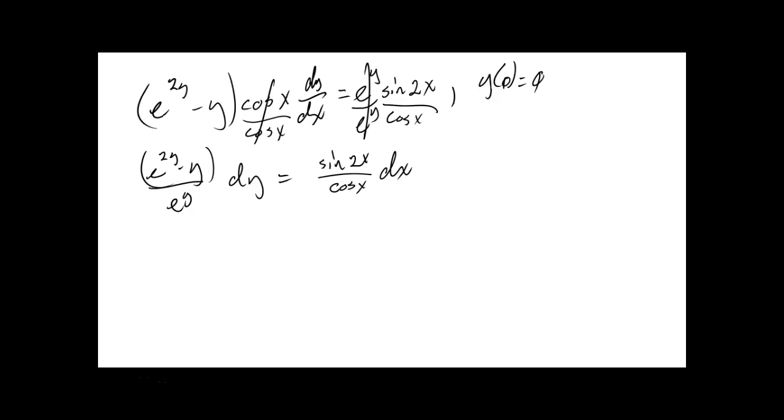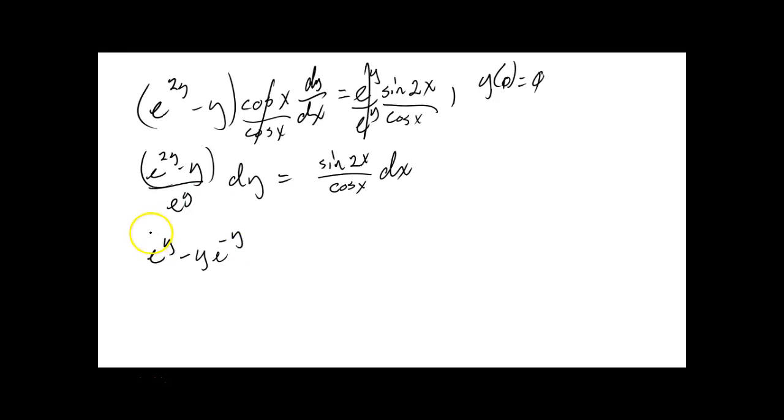All right. Now we can do something with this. This will be e to the y, because e to the 2y divided by e to the y is e to the y, minus y e to the minus y. Okay, I'm going to write it like that.